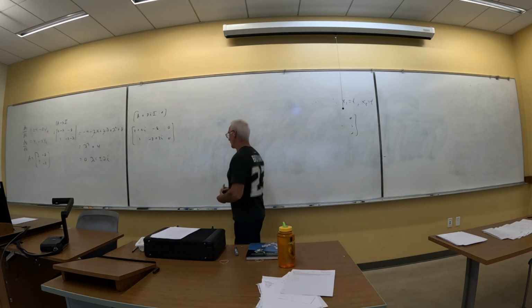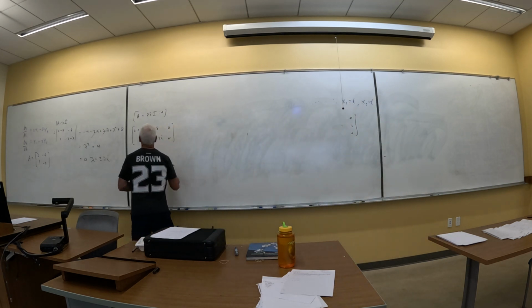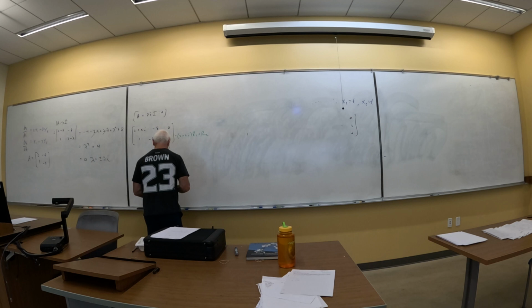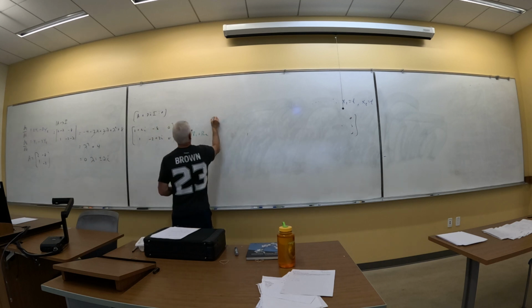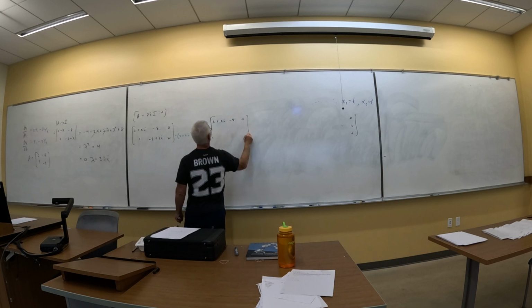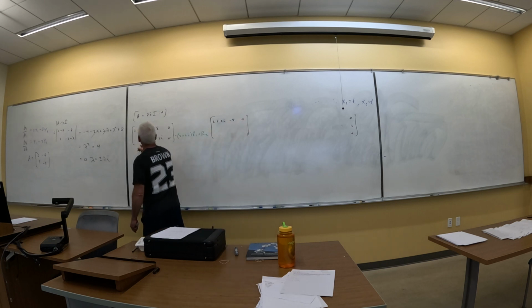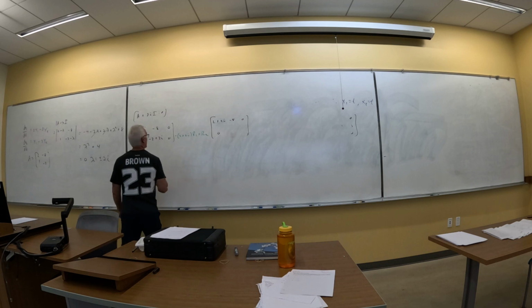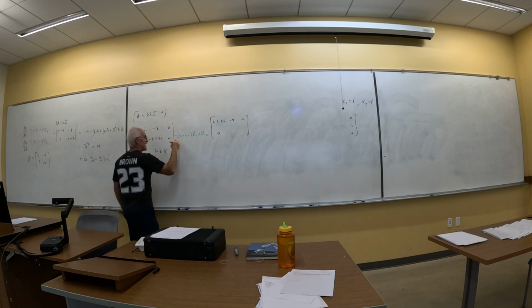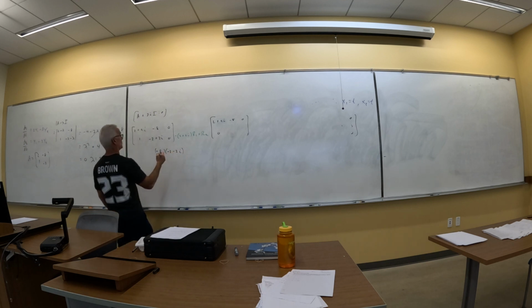So what am I going to do? Well, how about we do this? I'll write it out. I'm going to take the negative of 2 plus 2i times row 1 and add it to row 2. Okay? So I'm not touching row 1. So when I take the negative of this and add, that's obviously 0. Now I'm going to take negative 8 times negative 2 minus 2i, and did I do that right?